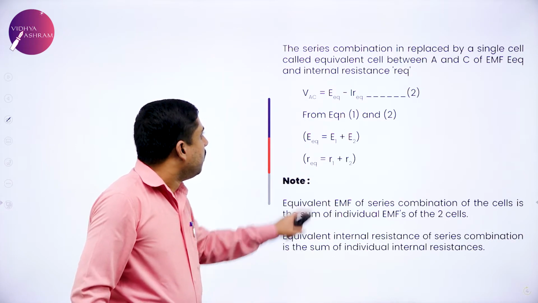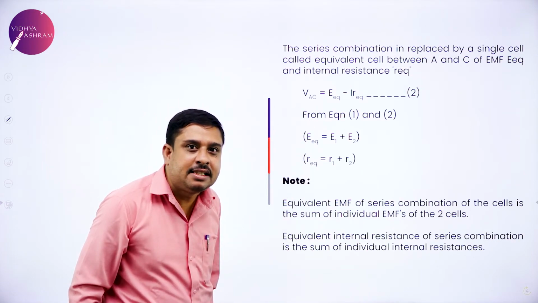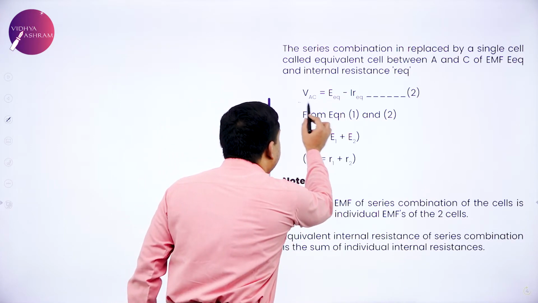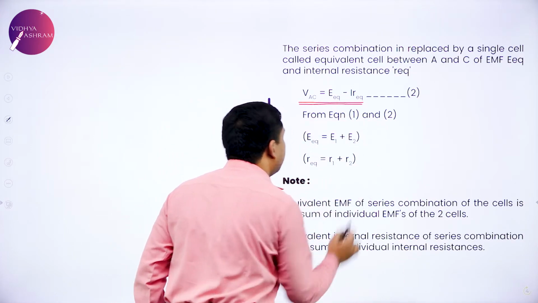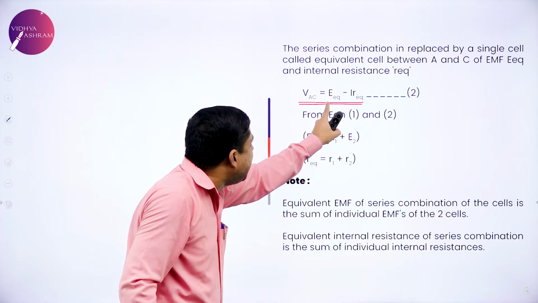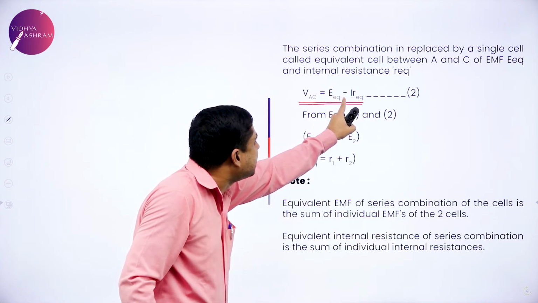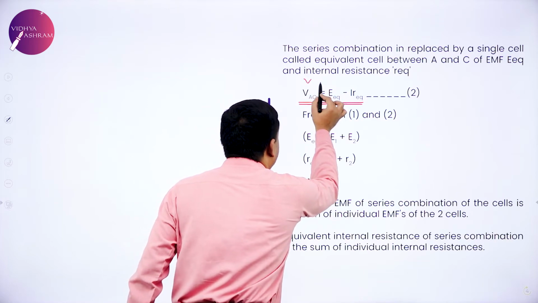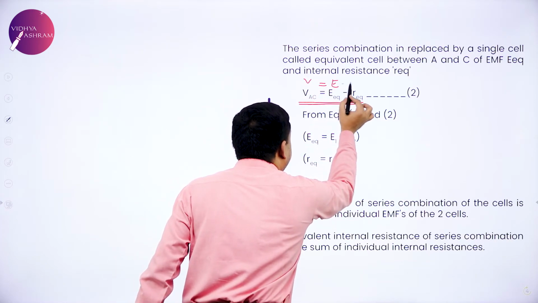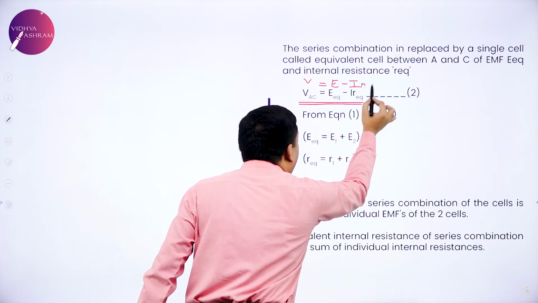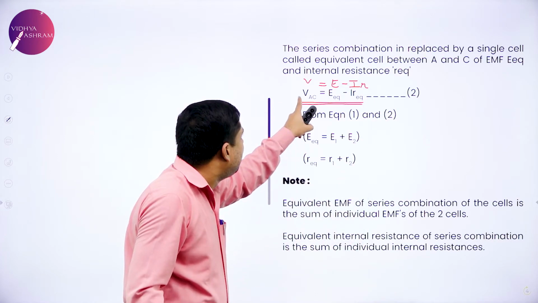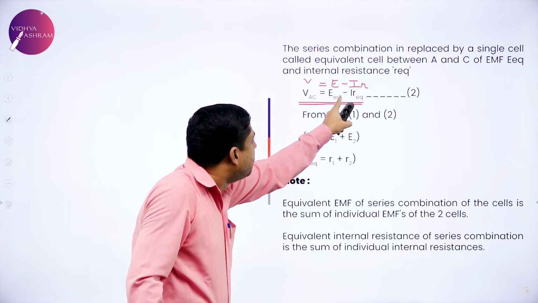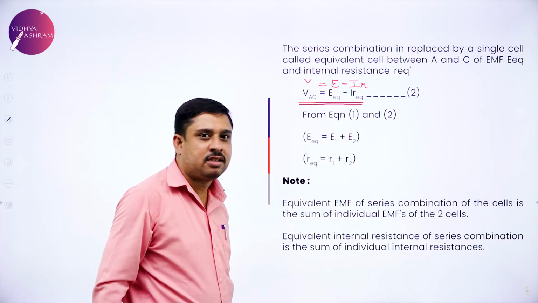Now, for my equivalent cell, VAC is E equivalent minus I r equivalent, because we wrote potential is E minus I into r. So we write VAC equals E equivalent minus I r equivalent.